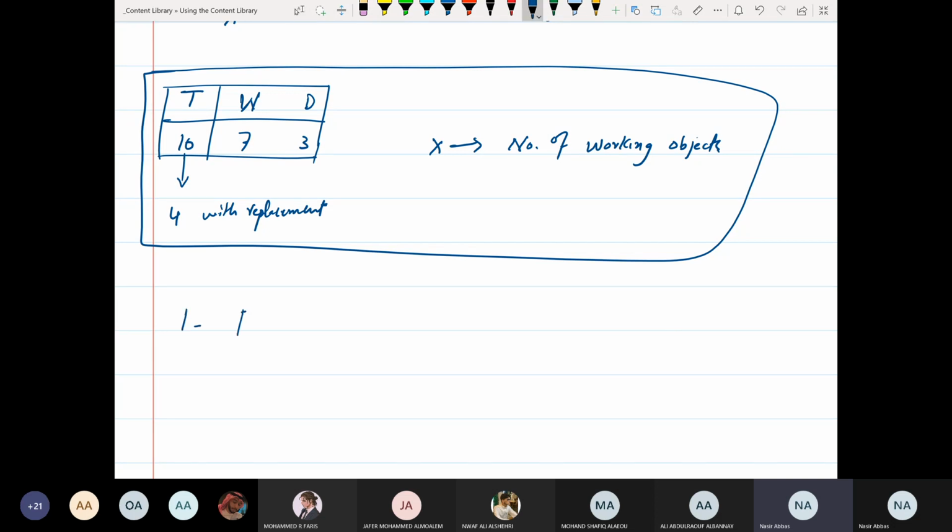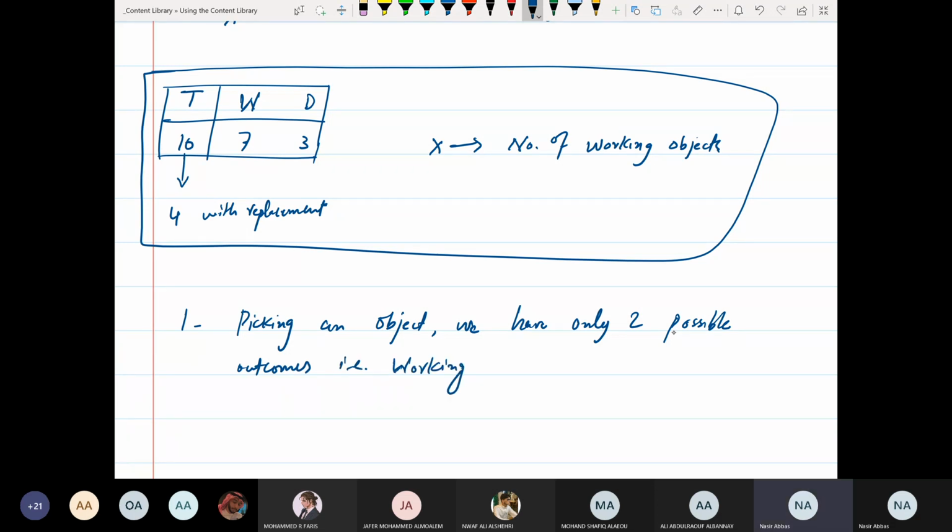Number 1, picking an object, we have only 2 possible outcomes. That is working, which is denoted by success, and the opposite, not working, which is failure.